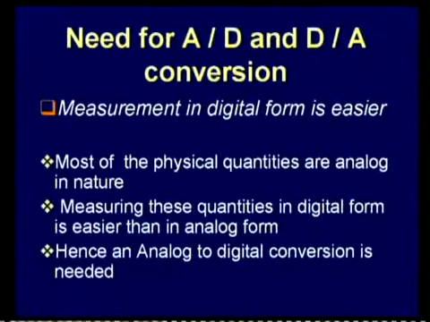Due to the advantages possessed by the digital and analog signals individually, we prefer some measurements in those parameters only, but at times it will be necessary for us to convert one form of the data to another form. One of those is that the measurement in digital form is easier.